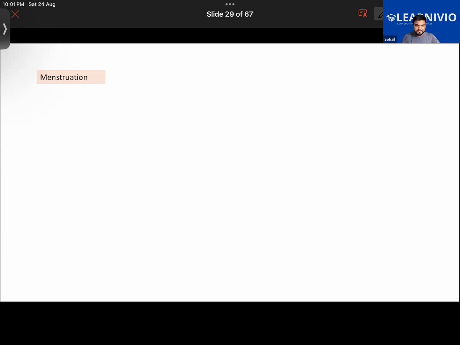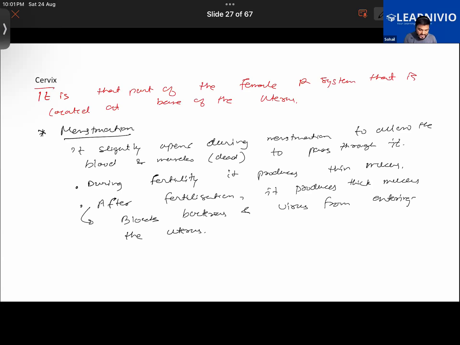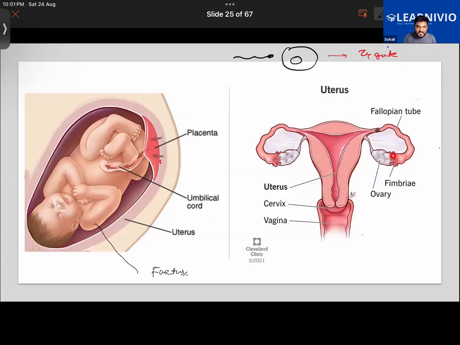Okay. So let me sum up the important points about this. Talking about the menstrual cycle so far, what we have learned is that in this cycle the ovaries produce one egg every month.